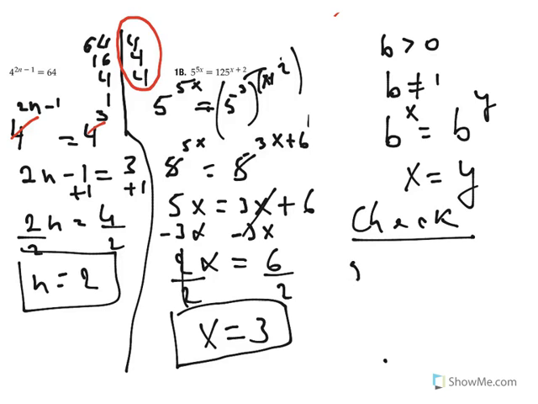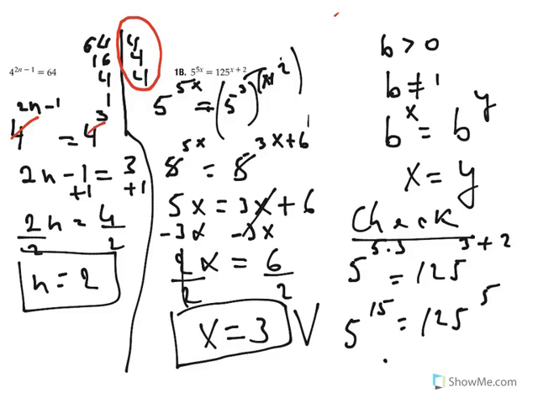So 5 to the power of 5 times 3 equals 125 to the power of 3 plus 2. 5 to the power of 15 equals 125 to the power of 5. If you use a graphing calculator for these two numbers, you find that they are equal. So in this case, we accept the solution.